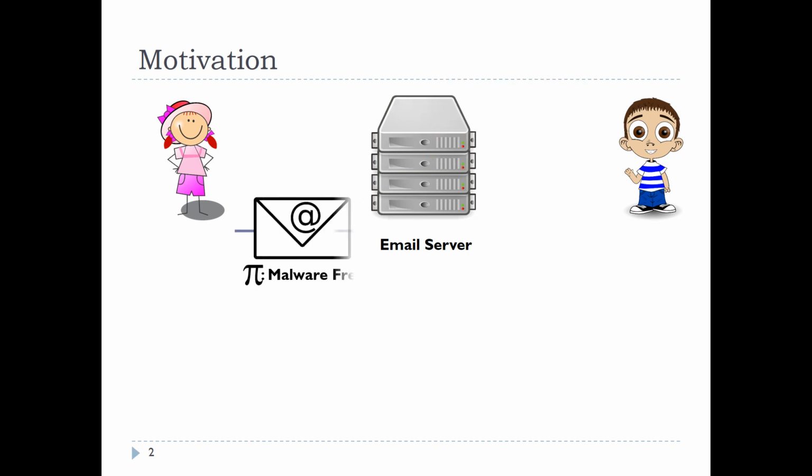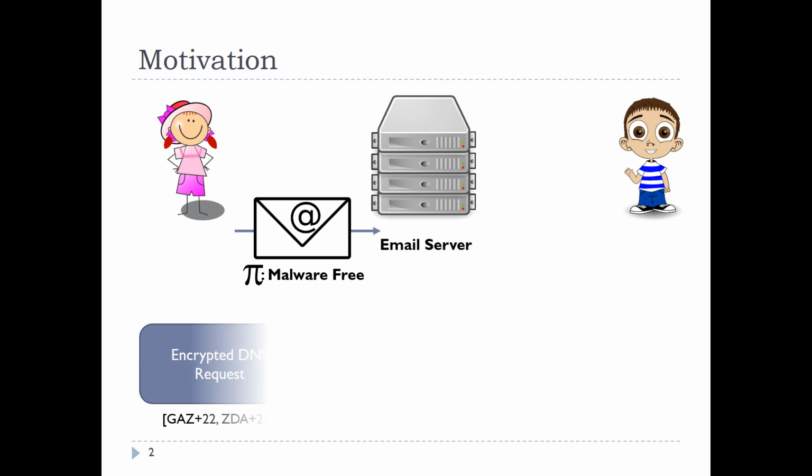So instead, the sender could encrypt the entire email so that the email server has no idea what's behind the encryption. And then she could provide a zero-knowledge and short proof which certifies that the email behind the encryption is malware-free, in terms of that, it will pass the virus checkers.